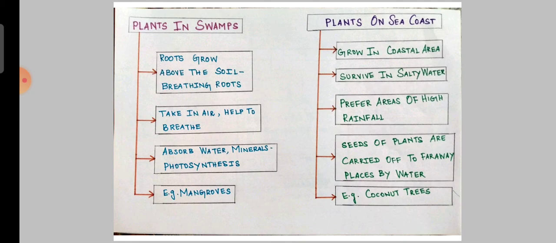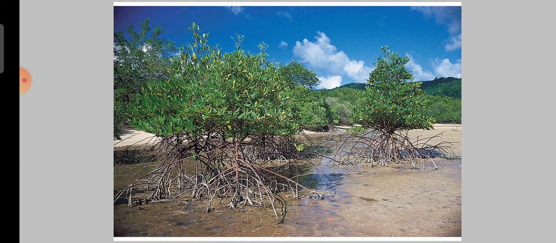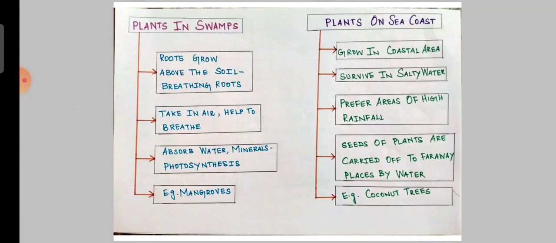Next, plants in swamps. Roots that grow above the soil are called breathing roots. These roots help in taking in air, which helps to breathe, and absorb water and minerals which help in photosynthesis. Example: mangroves. See, this is an image of a mangrove which has breathing roots. And plants on the seacoast.